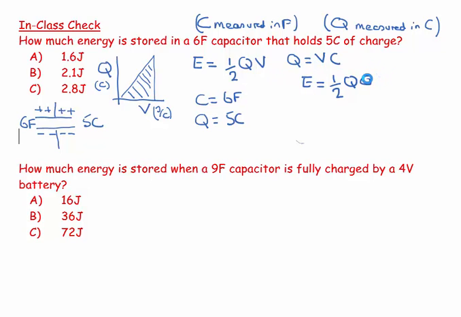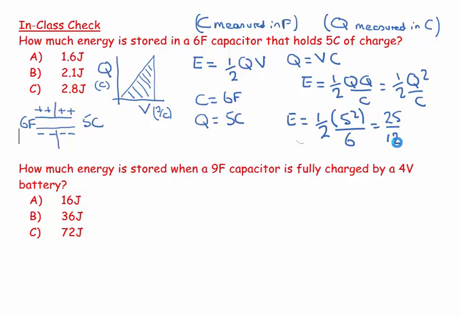My voltage equals Q over C, which gives 1/2 Q squared over C. So my energy is equal to 1/2, and my Q is 5, squared, over my C, which is 6, which gives me 25 over 12, which is about 2.1. So 25 over 12 joules. There's my answer.